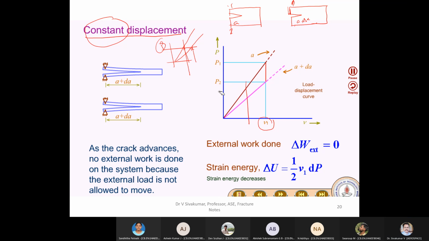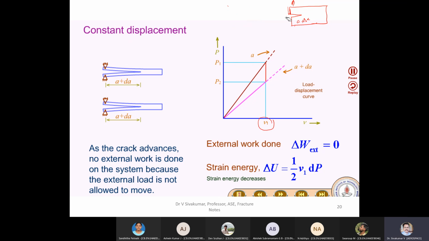Earlier we took constant load, meaning we considered one single load and asked how much energy. Now constant displacement means what? Earlier, at P1 what is the displacement, V1, V2.